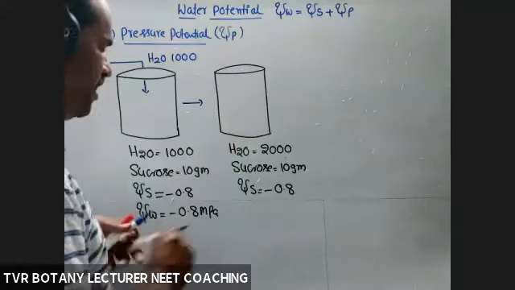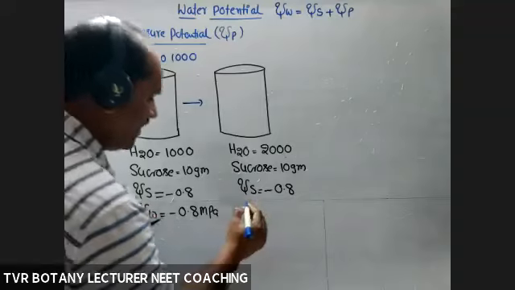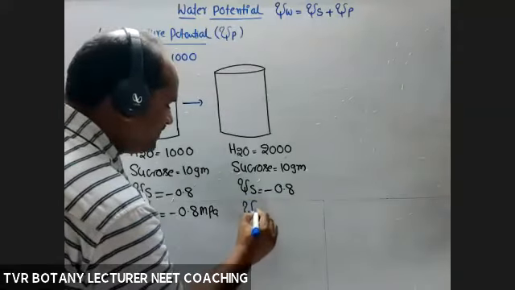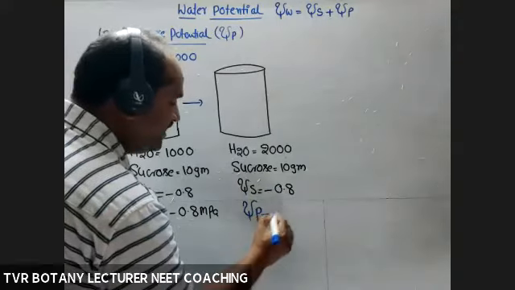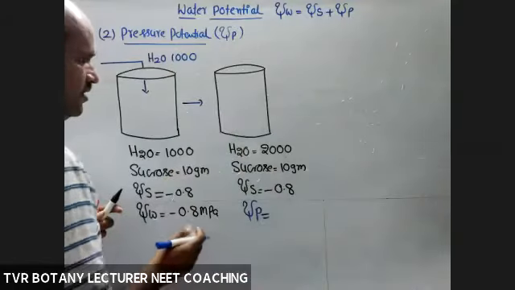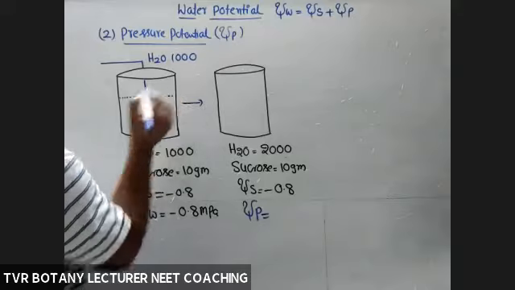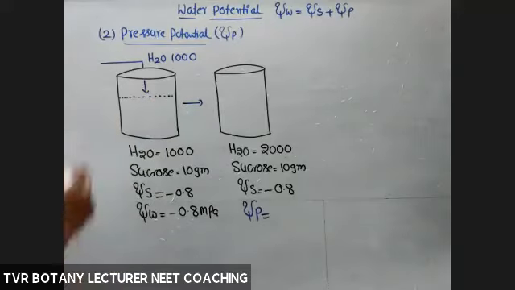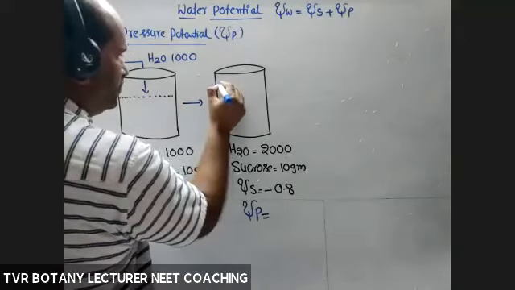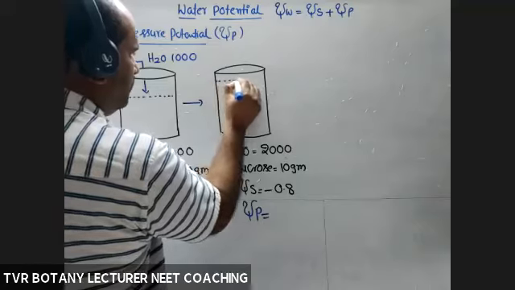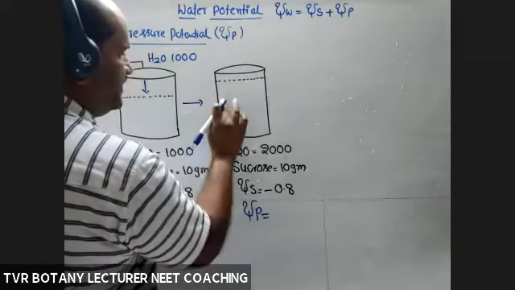For example, in this case, psi P is increased, positive pressure. For example, the sucrose solution level is here initially, before the addition of one more 1000 H2O molecules. Now, the final level is here. This is the initial level.